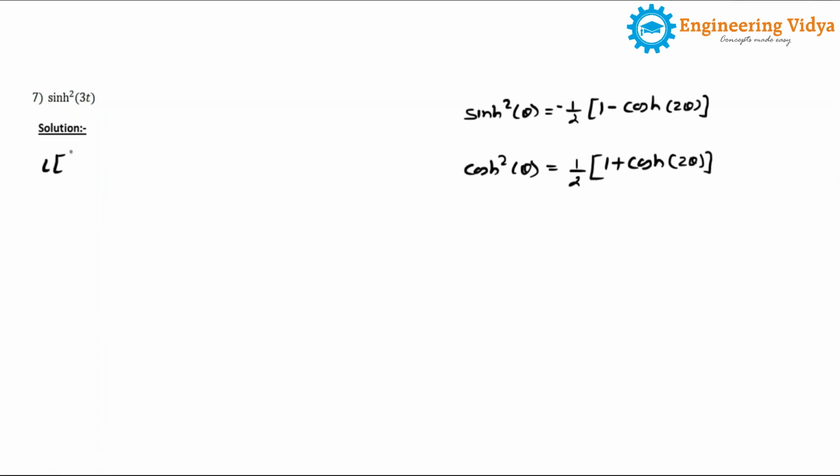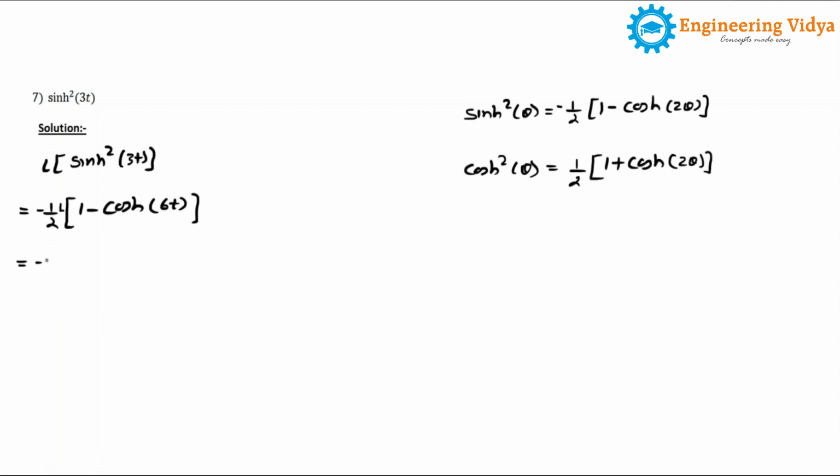So here we need to find the Laplace transform of sine hyperbolic square of 3t, right? So here we have sine, so minus 1 by 2 will come, and minus 1 by 2 is constant, so it will go to the outside, and then Laplace transform of 1 minus cos hyperbolic of double of 3t, which is nothing but 6t, right?